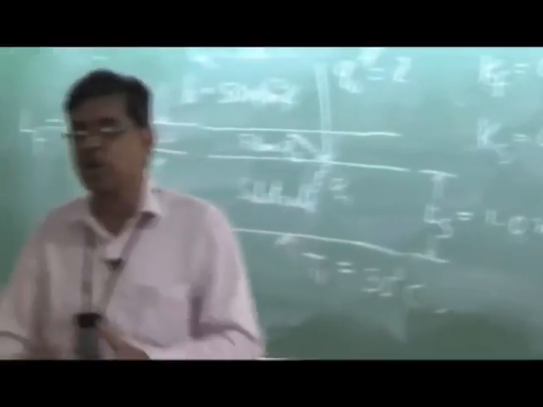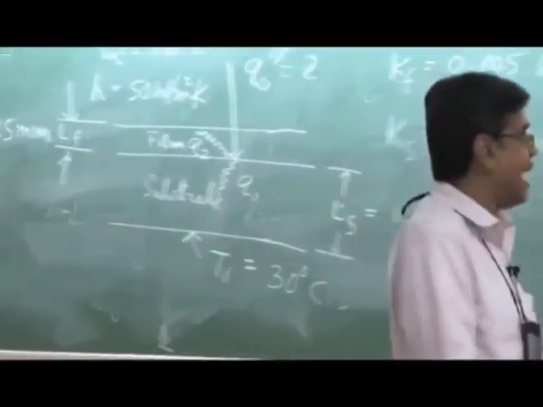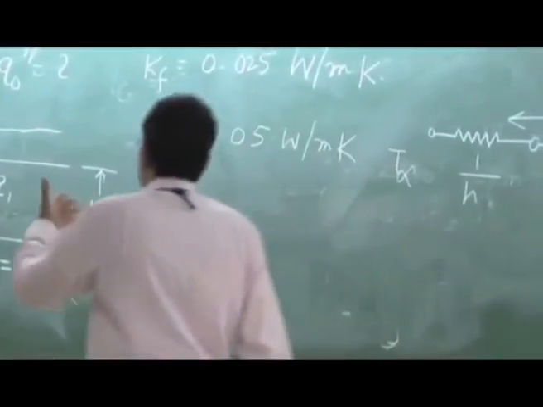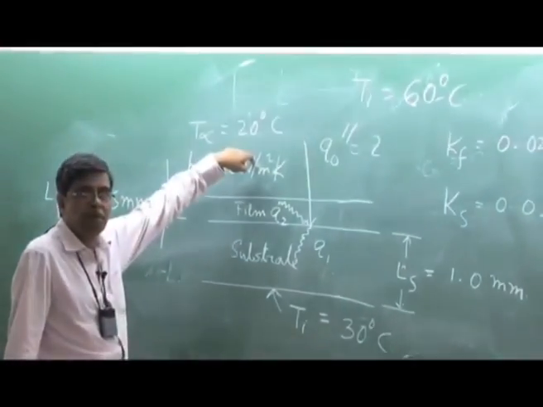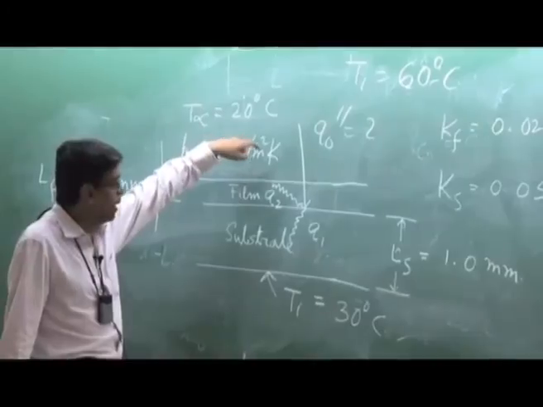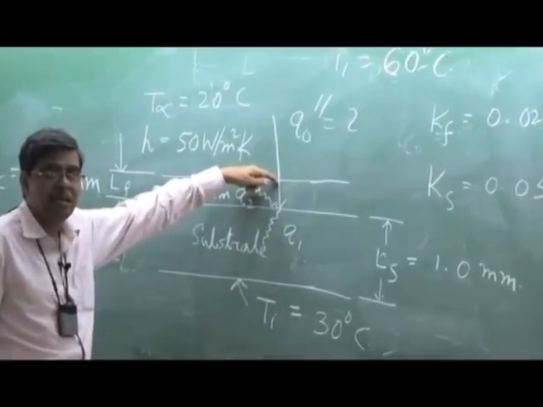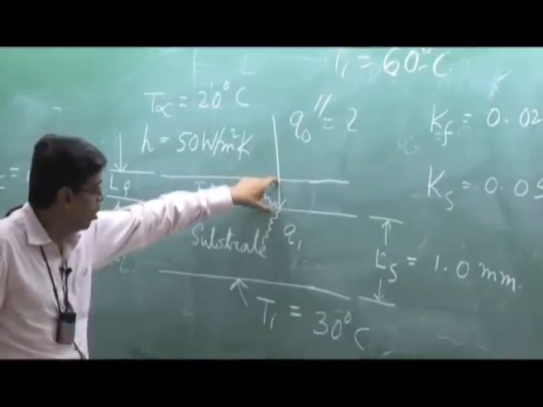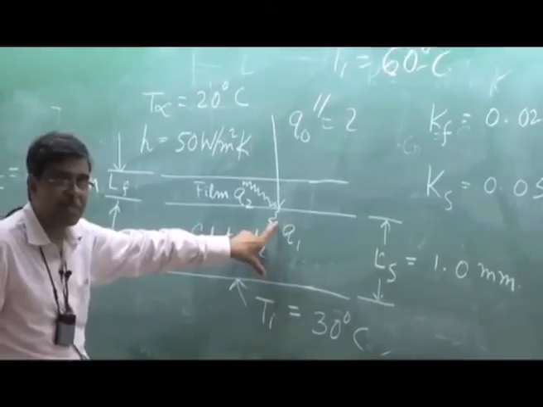That means you have to know what percentage of the heat is going through from the surface. And in that case, the heat will fall on this side and go by convection, one part, and another part will suffer a series resistance heat transfer: conductive resistance of the film and conduction resistance of the substrate.